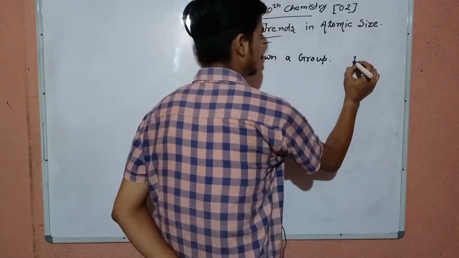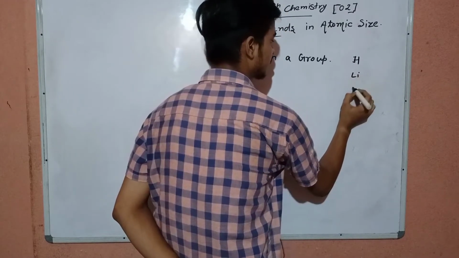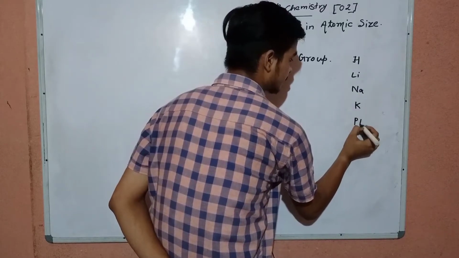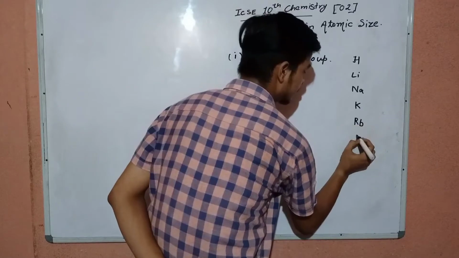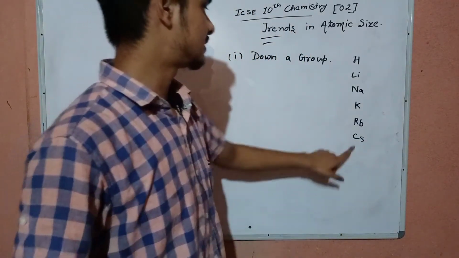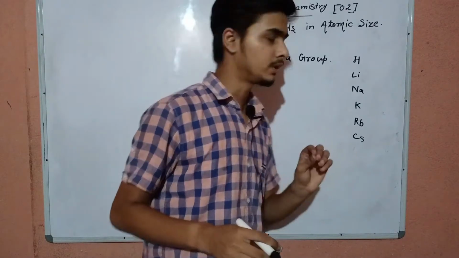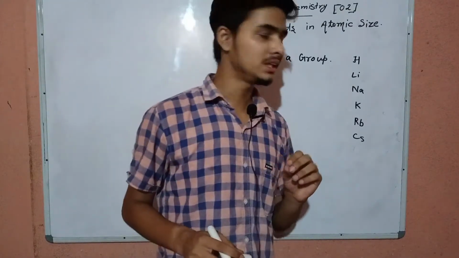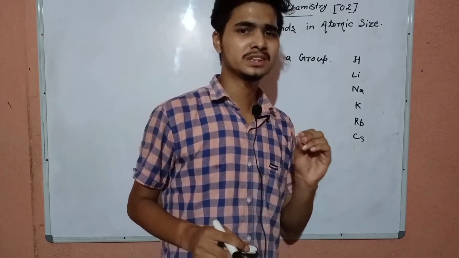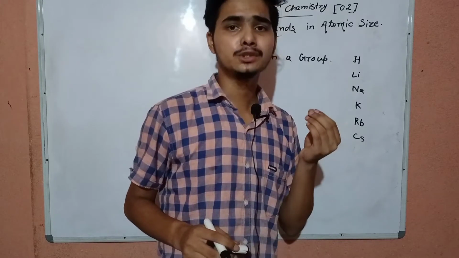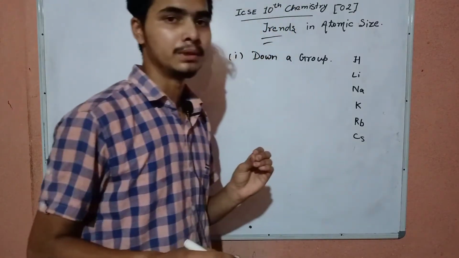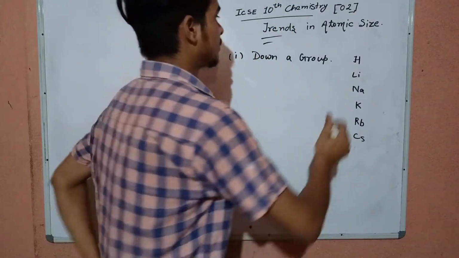They are hydrogen, lithium, sodium, potassium, rubidium, cesium and francium also, but if you learn till cesium, that is enough. Okay, and one more thing here: do learn the periodic table because it is very necessary. Questions come to mind whether we should learn the periodic table or not. Of course yes, you need to learn the periodic table. Okay, so I have taken the first group of the periodic table.